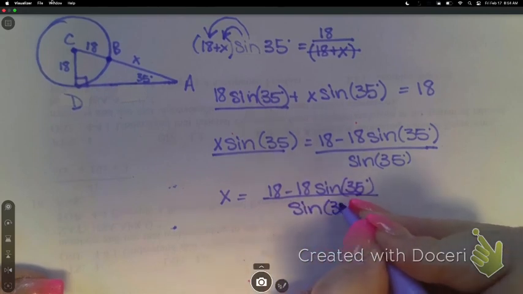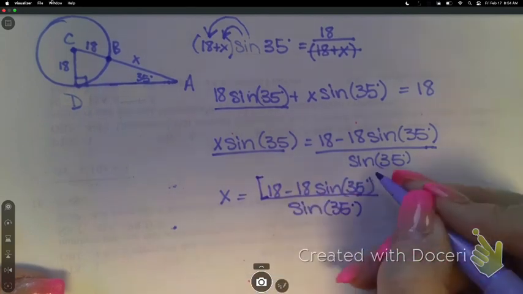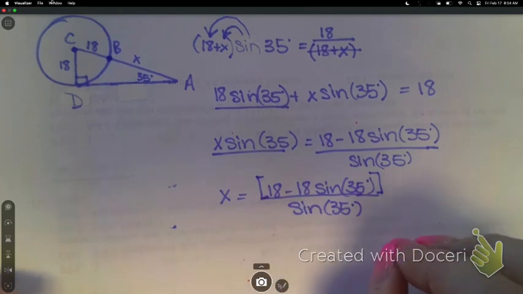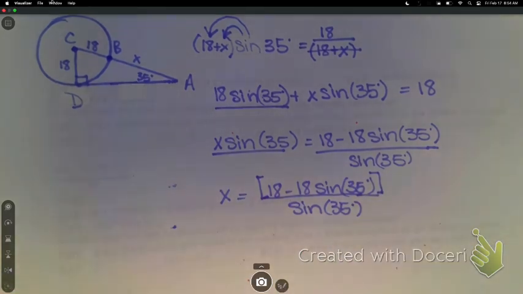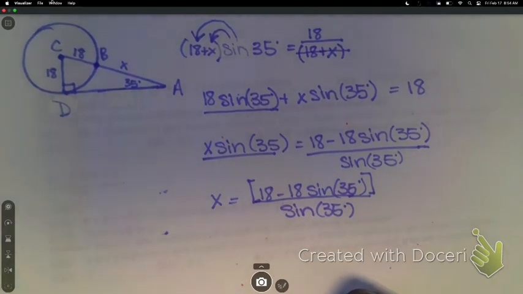Now remember, this is one quantity in the numerator, so I can't go and reduce. Now I have to put it in my calculator. The calculator will follow order of operations. If you just put 18 minus sine of 35 divided by sine of 35, it's going to do division first.